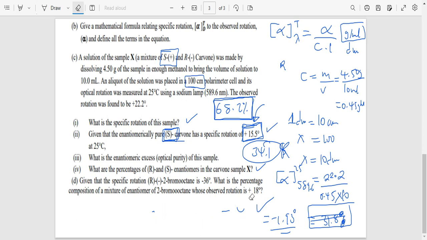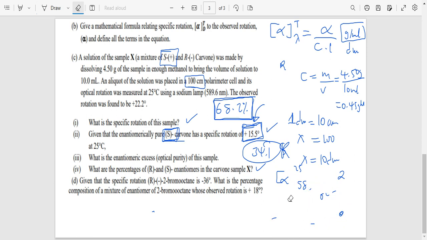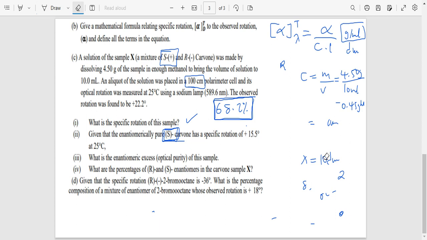And then just looking at the last question on this part, given the specific rotation is negative 36, what is the percentage composition of the mixture of enantiomers of 2-bromo-octane whose observed rotation is positive 18 degrees? Now for this one, we've been given the specific rotation being negative, but the observed rotation is positive, meaning that we are calculating for another form from the one we've been given.